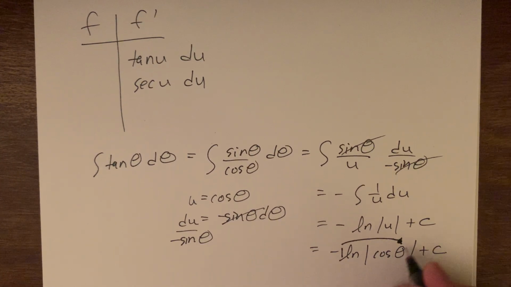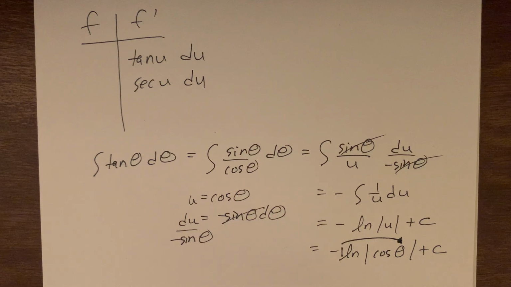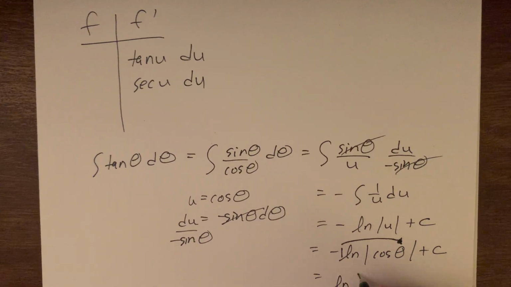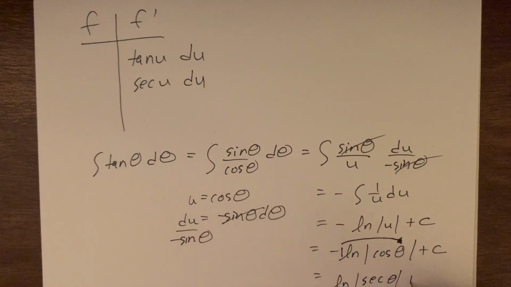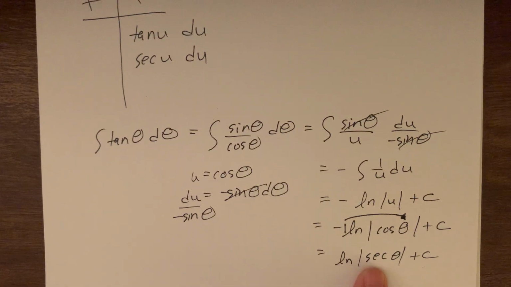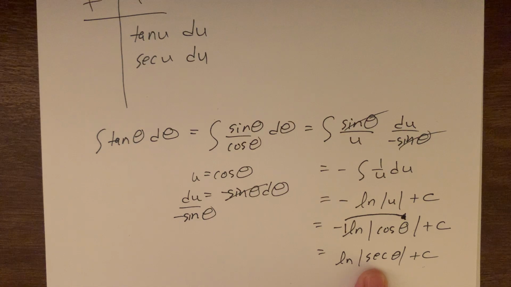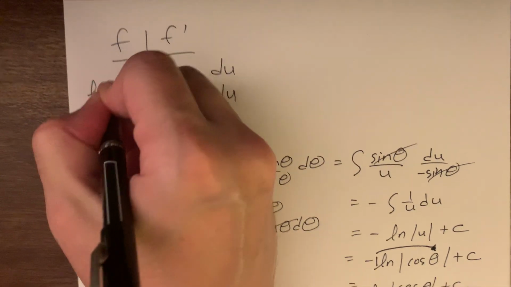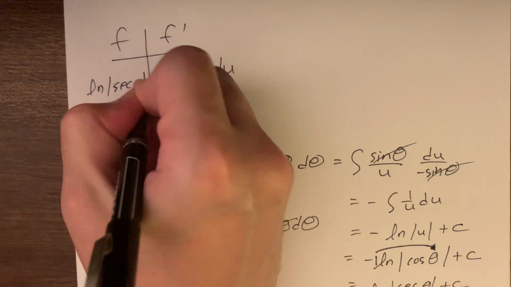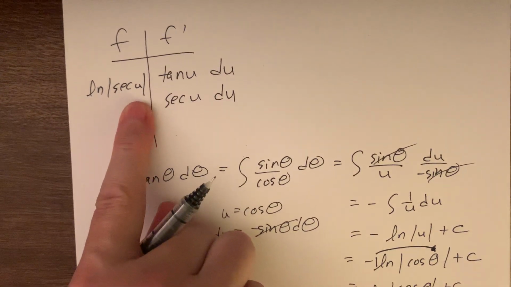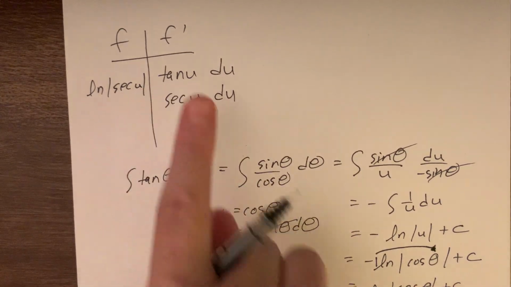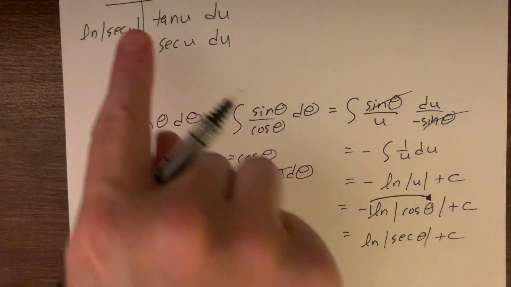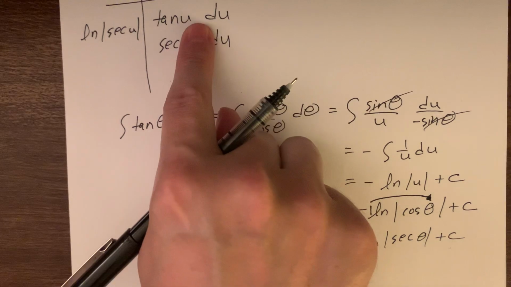So it's technically all cosine to the negative 1 power. But cosine to the negative 1 power is 1 over cosine. We've got a whole separate trig function for that. So the anti of tangent is log of secant of u. Nice proof, and that's kind of what this is. This is a proof, but now we have the result, and now we can use it.